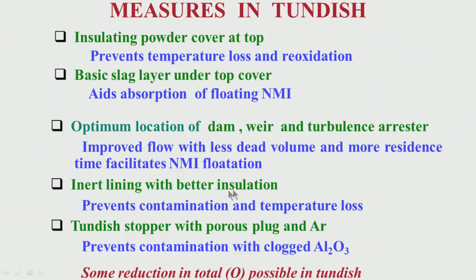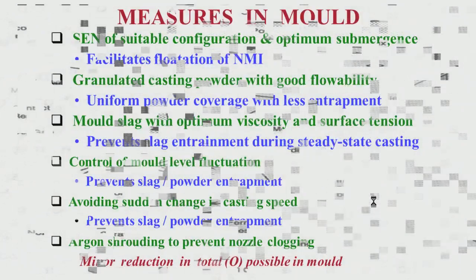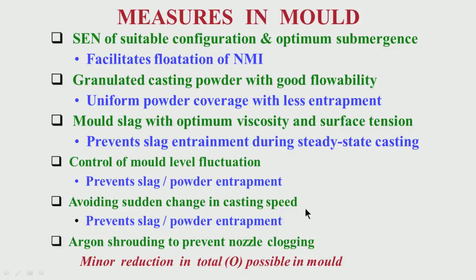So, I have mentioned here that sudden change in casting speed is not good, and argon shrouding is desirable. If we do all these measures, some additional cleanliness is also possible in the mold. Most of the cleanliness, as I have told you, we have taken care of in the ladle in secondary refining. Some cleanliness enhancement we have done in the tundish.